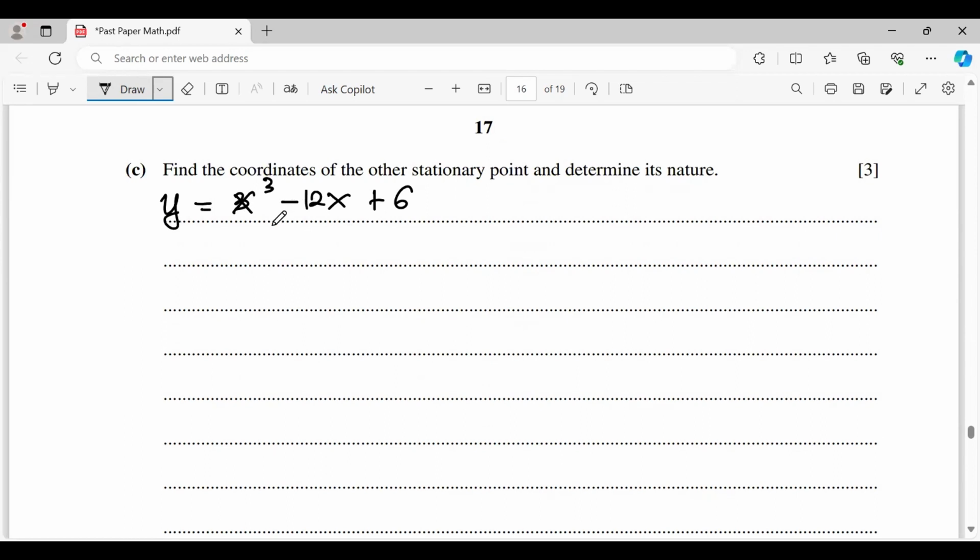So dy/dx is 3x squared minus 12. A stationary point happens when dy/dx equals 0.